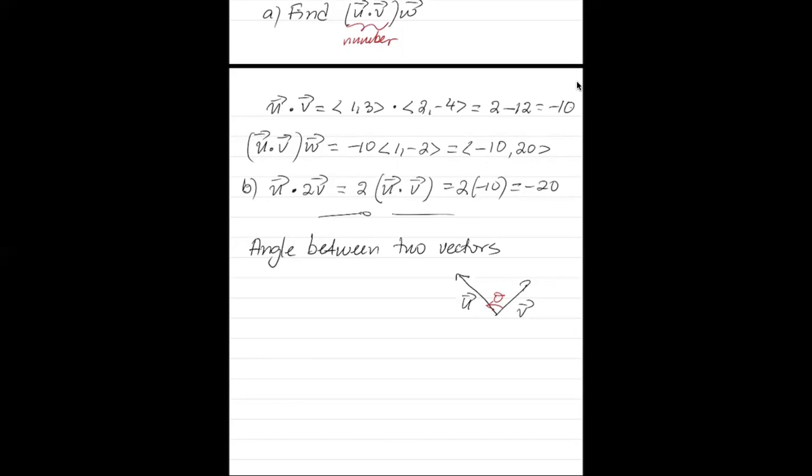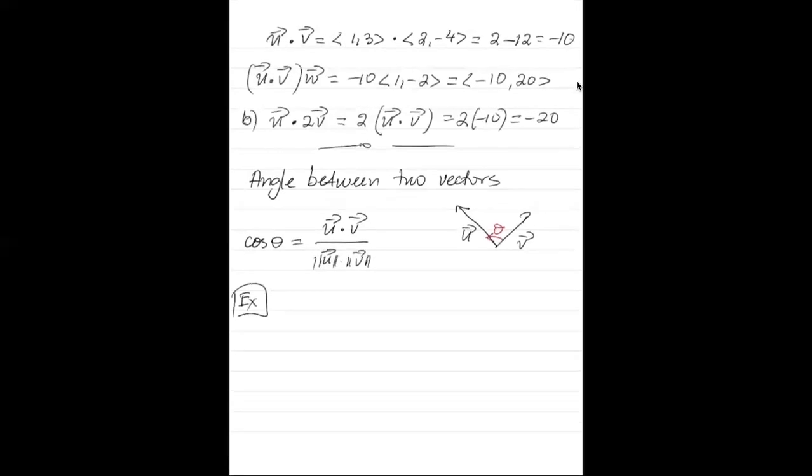We have a formula that gives us the cosine of the angle between two vectors as the dot product divided by the product of their magnitudes. So this is our formula. Of course, if you find the cosine of theta, you can find theta itself.